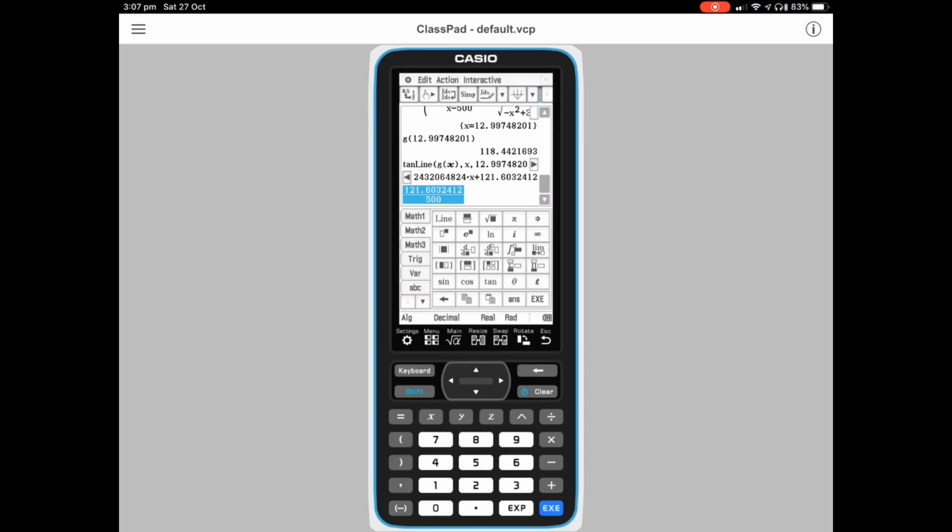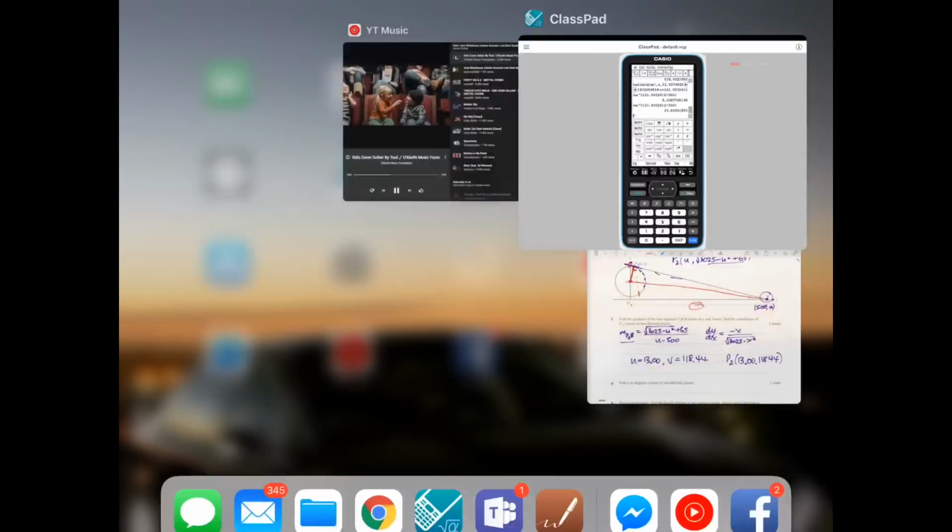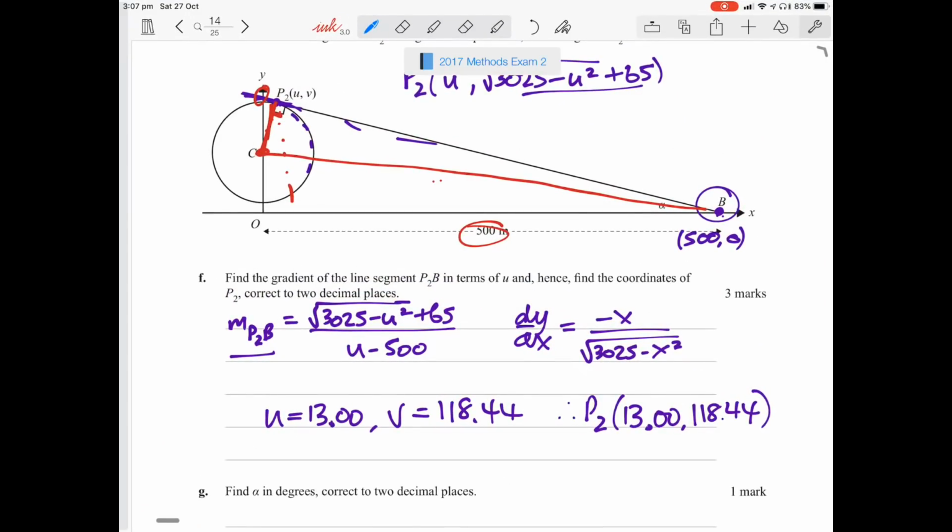Tan inverse of that divided by 500. That gives 13.67.